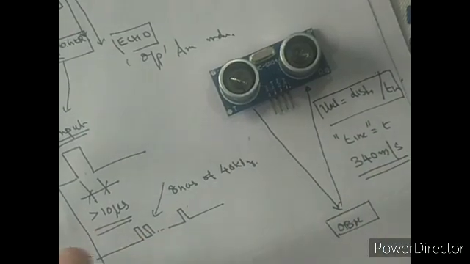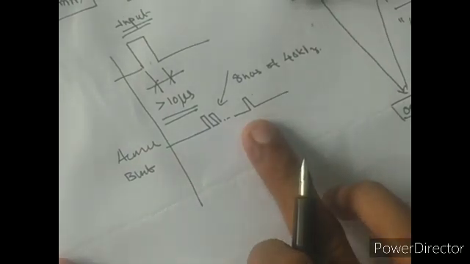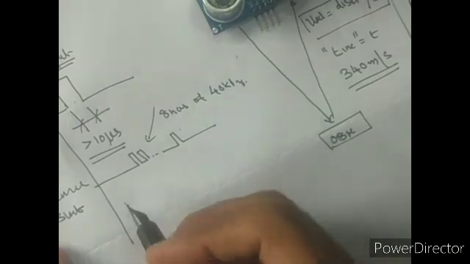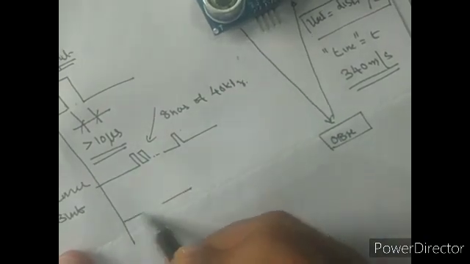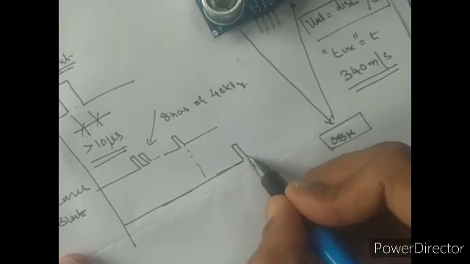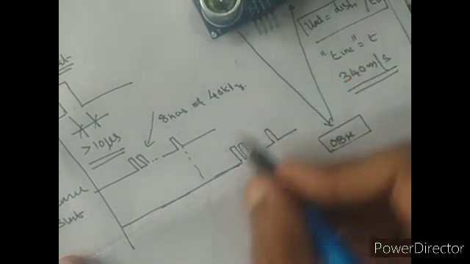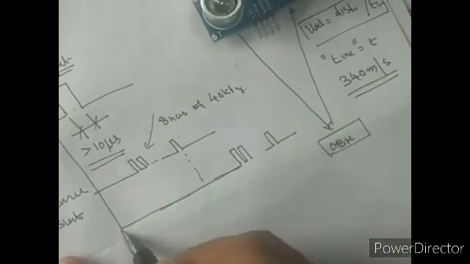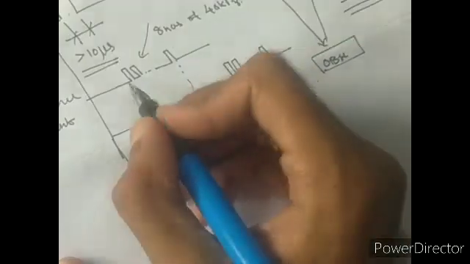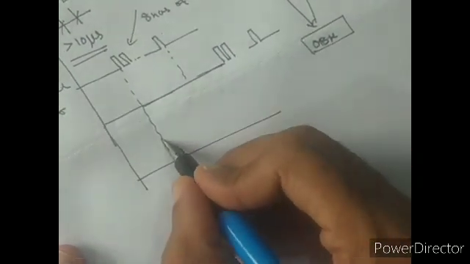Okay, so as I told, the transmitter will transmit 8 such 40 kilohertz pulses. So the receiver will get this signal, it will get reflected back, and the internal circuitry will take care in such a way that we will get the output echo pulse.